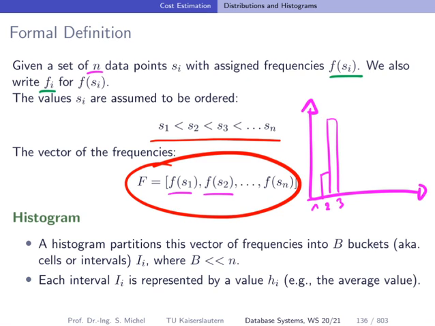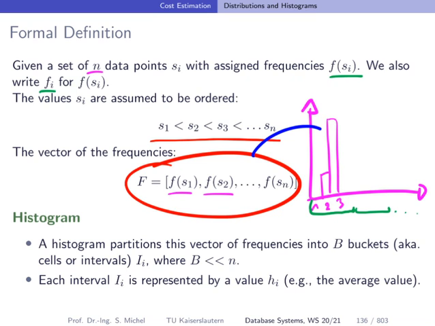And now a histogram, also already discussed previously, wants to make groups of these values. Let's say you want to group the first 5 values in one bucket, the next 5 values, and so on. And this is also the goal here. So a histogram partitions this vector into b buckets. The vector corresponds to this plot, the non-histogram plot, let's say, with one bar for each value.